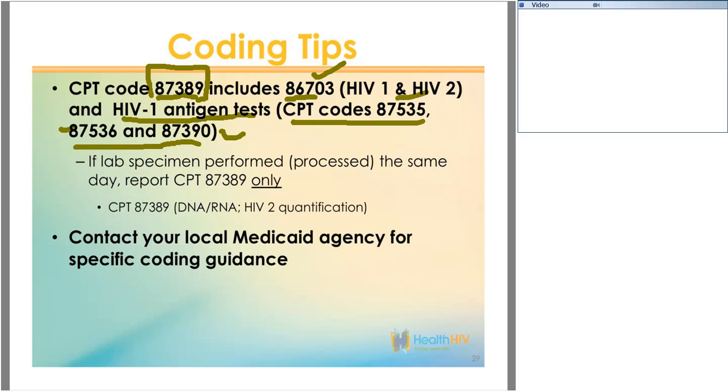So you want to be careful and know that if you're performing this combo bundle service, that this is the only one code that you should be reporting, and that for the modifiers that are specific to this one, you contact your local Medicaid agency for guidance.